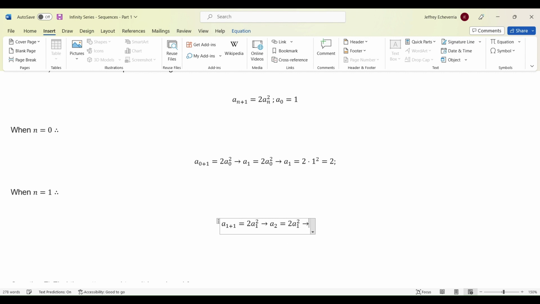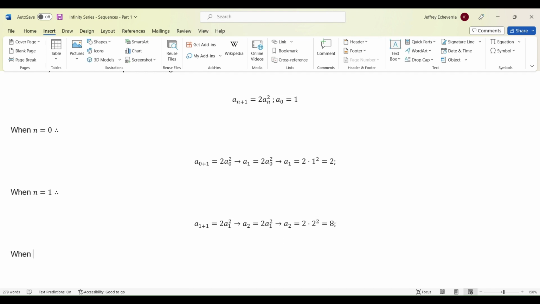But remember, we found out what a sub 1 is. So let's plug in. So a sub 2 equals 2 c dot 2, which gives us, oh, but we forget to square. Let's not forget that. So it'll be 2 times 2 times 2, which gives us 8.